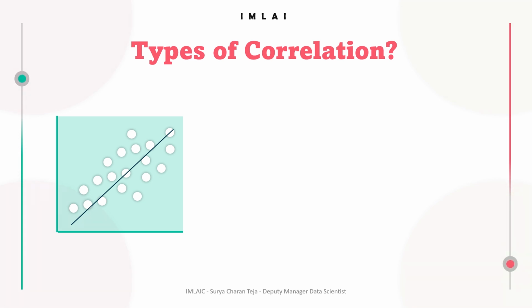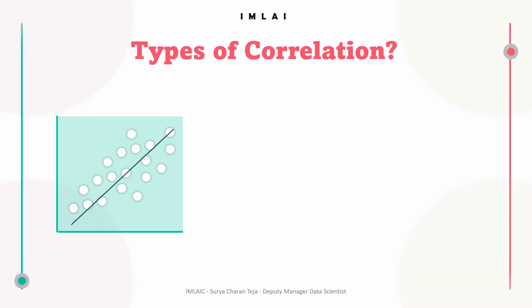If x goes up, y also goes up. If x goes down, y also goes down. So y is positively correlated with x, and that's the reason we call it a positive correlation.